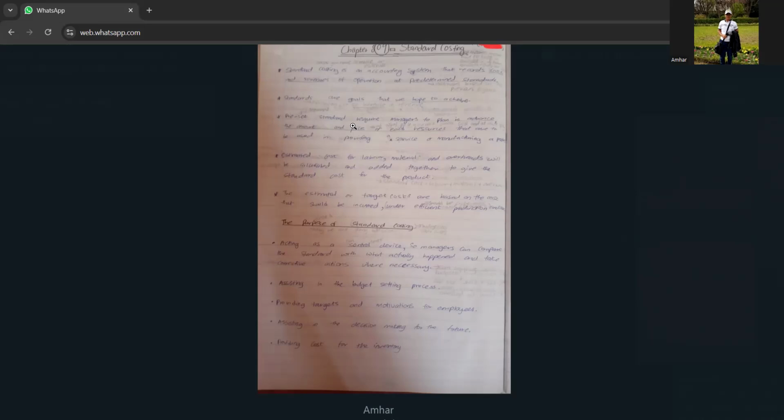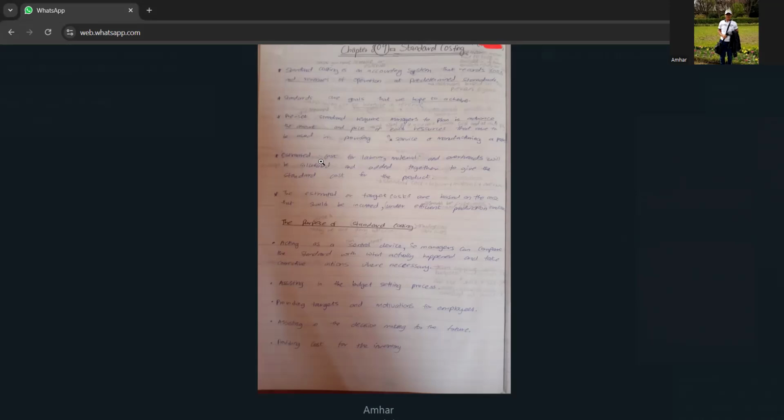What is the amount they need to estimate? The quantity of raw materials, like that. Did you understand the third point?